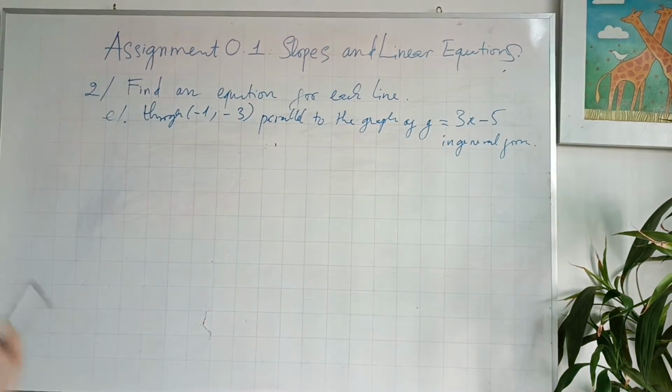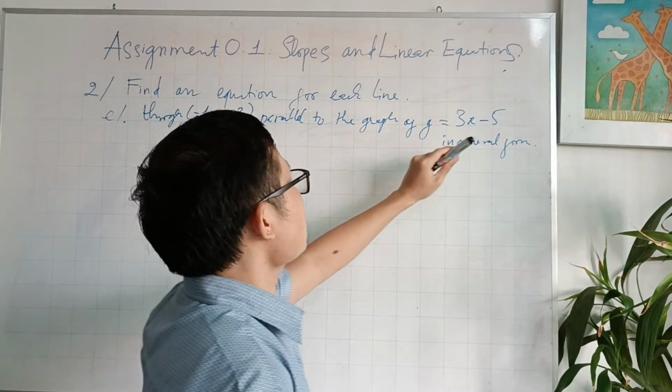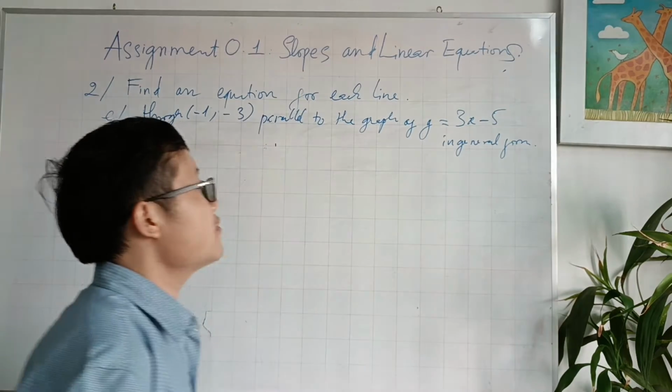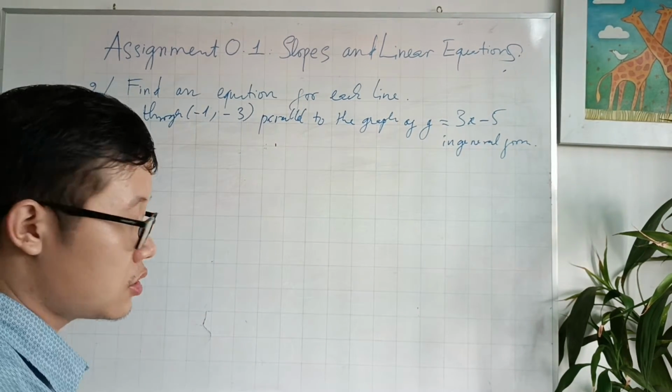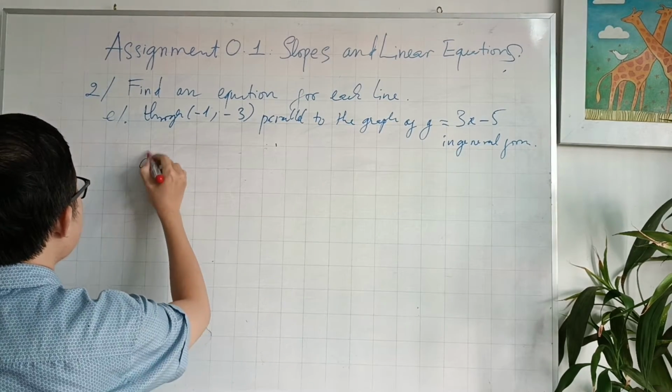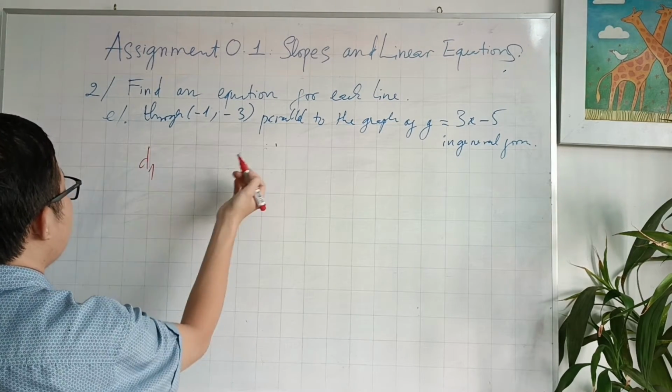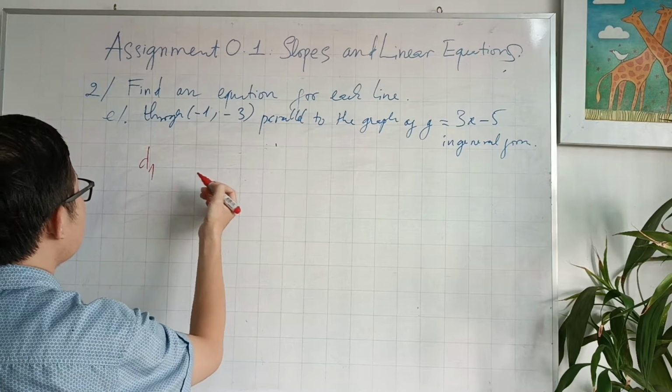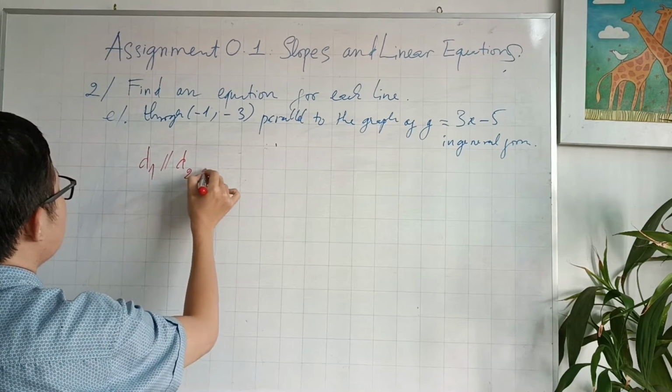Our line in question is parallel to the graph of y equals 3x minus 5. So I want to review the formula for when d1 is parallel to d2.